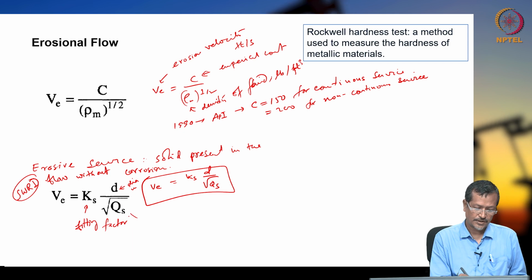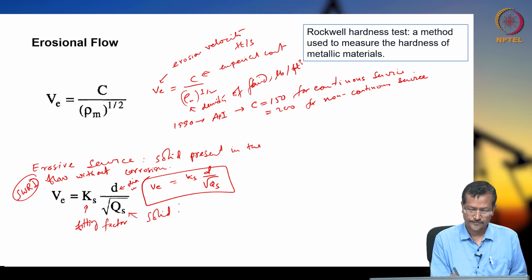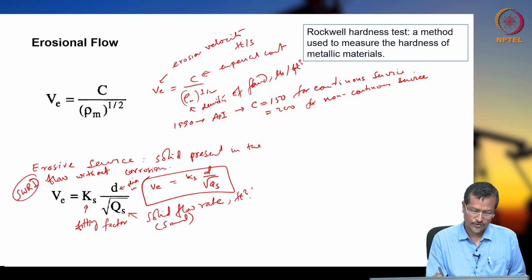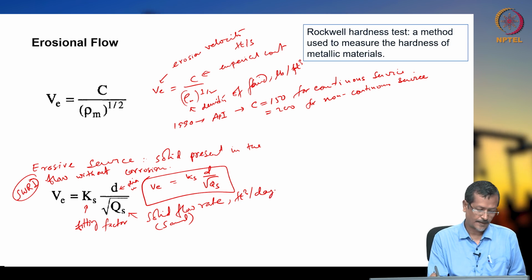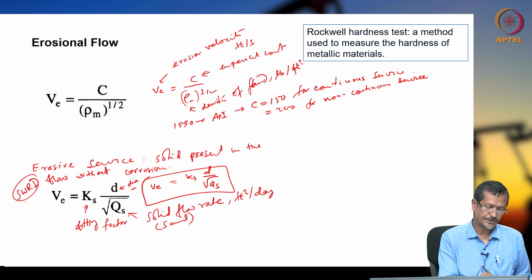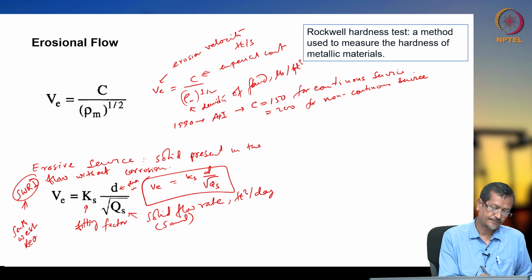QS is the solid or sand flow rate, and the unit is feet cubed per day, not per second, per day. And this formula is given by Southwest Research Institute, US.